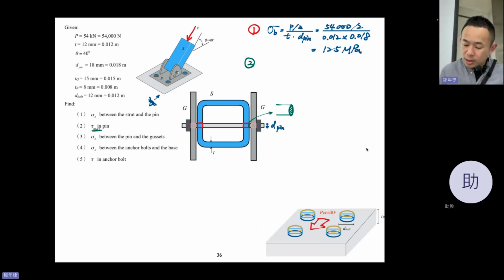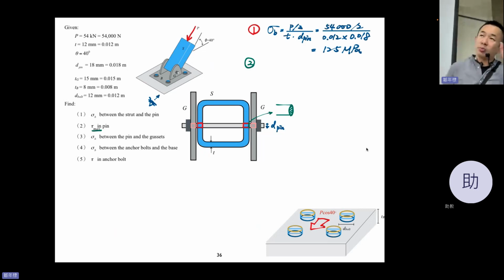So the red two squares will share this force. Each of the squares shares half P, and half P goes through that particular area.